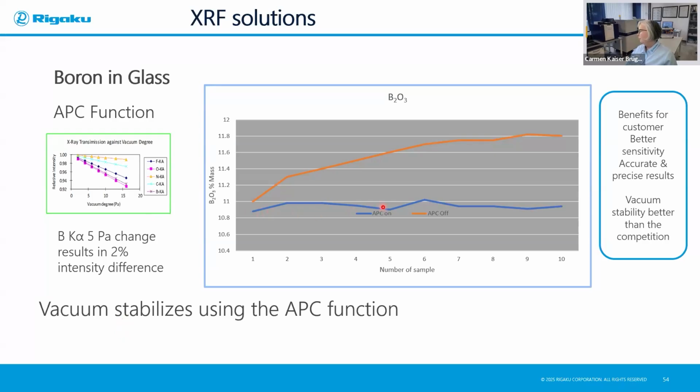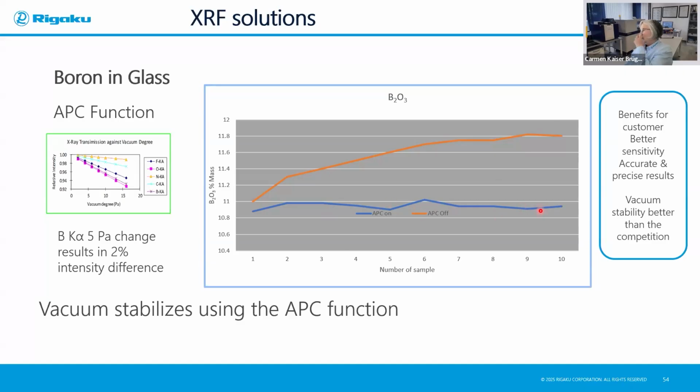So here you can see in the diagram that if we use the automatic pressure control on our system in the software, we will get a very stable signal. If we don't have the vacuum stability, we could get a rise in the boron content. So the benefit with our system is to use automatic pressure control for a light element like boron, because we will achieve more consistent, stable results.